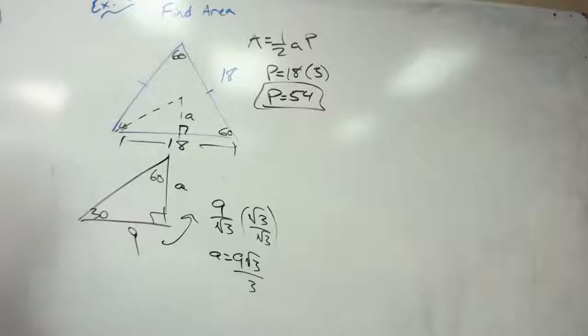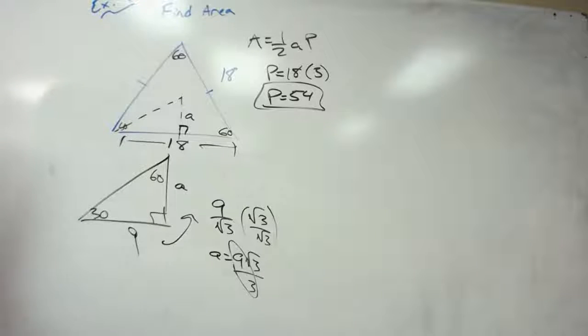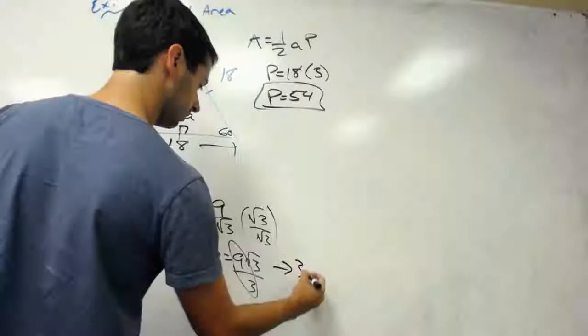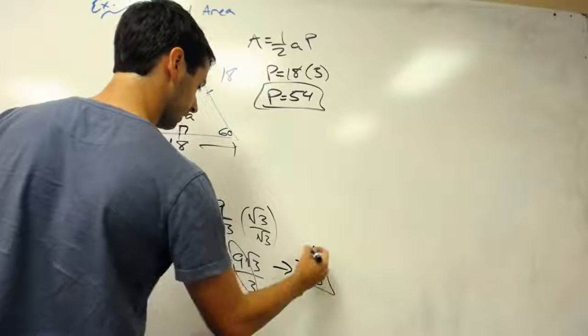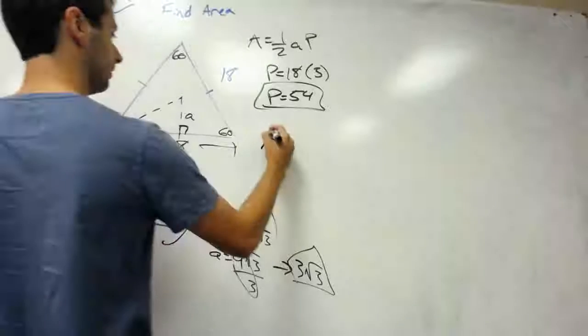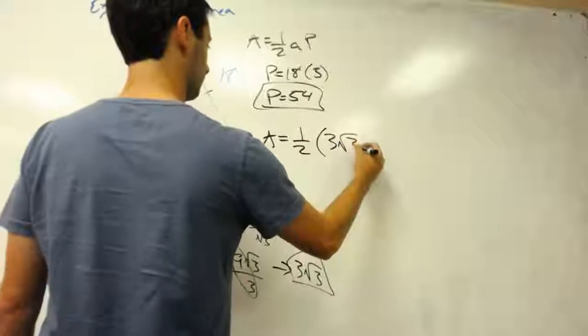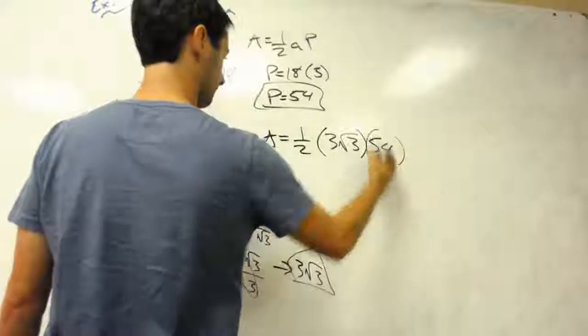Oh, we can actually reduce that a little bit. 9 and 3 can reduce to 3 over 1. So 3 radical 3 is our apothem. Plug it into our formula. Area equals 1/2 times 3 radical 3 times 54.